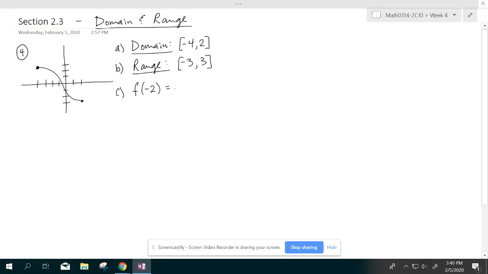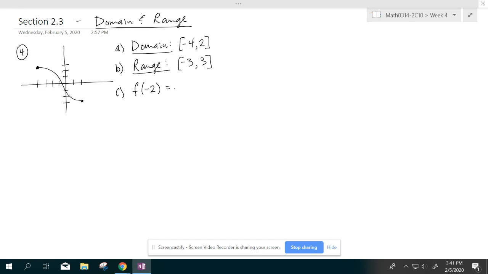Have y'all ever heard me say f of x? Normally where the -2 is, there would be a variable of x, right? But this time they're saying, hey, x is -2. What does f of x mean? Y. So this is like asking you a question that says, when x is negative 2, what's y? When x is negative 2, what's y?